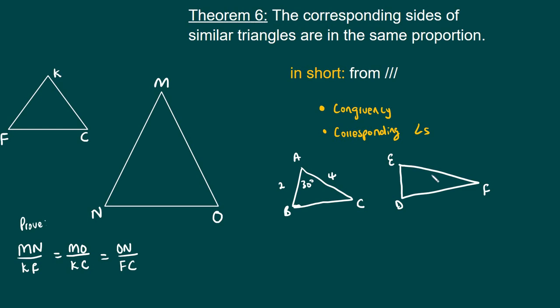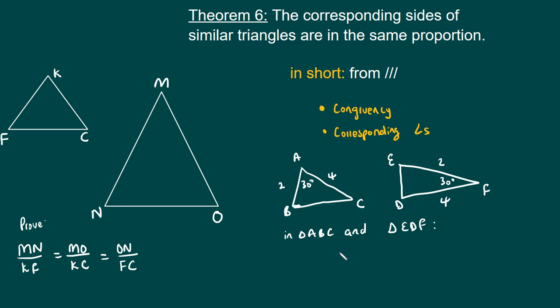Here is 30 degrees, and then this line is 2 units, and then this one is 4. Can I prove that these two triangles are congruent? Yes, we can.